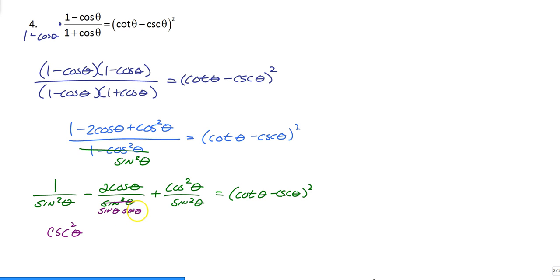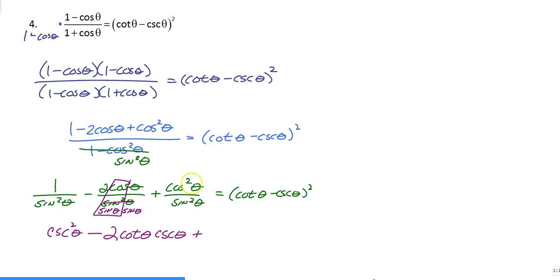And then, of course, sine in the denominator is going to jump up to be cosecant in the numerator. So that is a tricky step right there. But if you split sine squared into sine and sine, cosine over sine is going to give you your cotangent theta. And then your sine in the denominator is going to give you your cosecant theta.